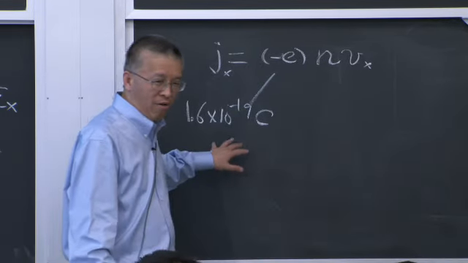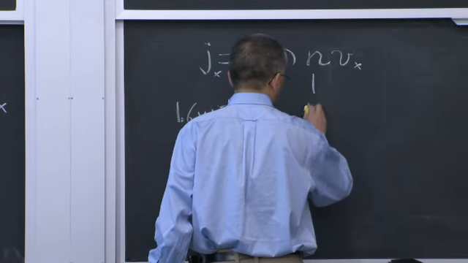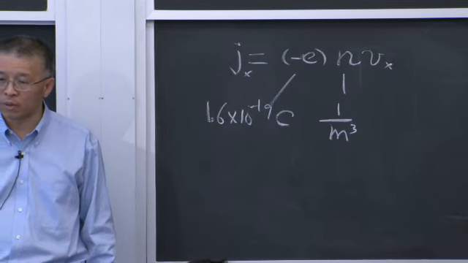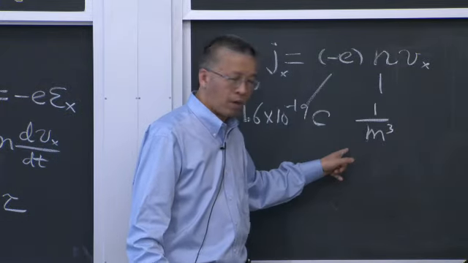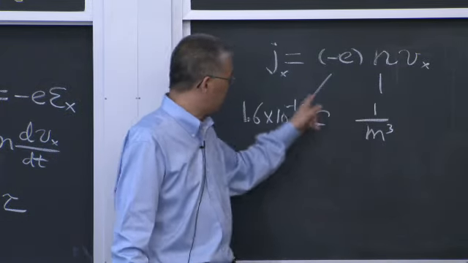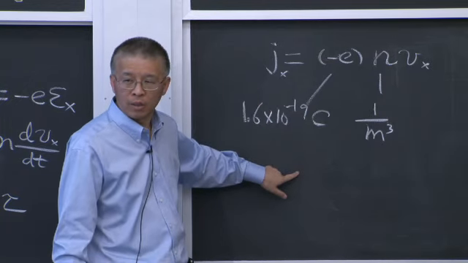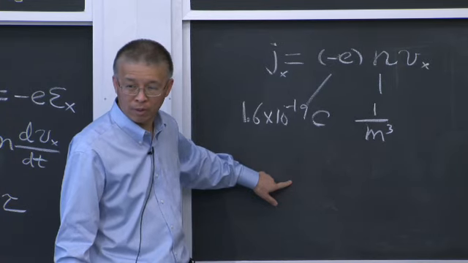Again, I'm awkward, I remember the SI unit. And n is 1 over meter cubed, because that's the charge density per unit volume. And then V is meter per second, and you get Coulomb per meter square per second. Coulomb per second is amp, so it is amp per meter square, right?